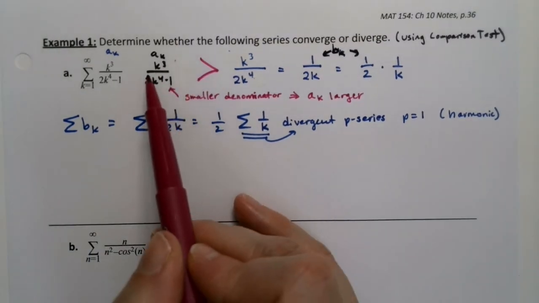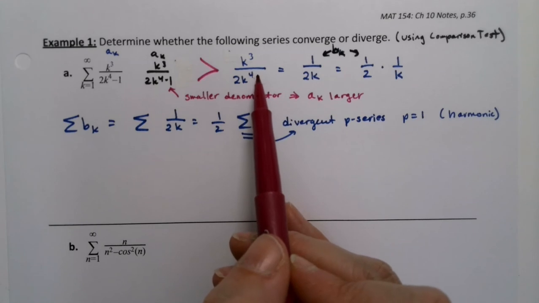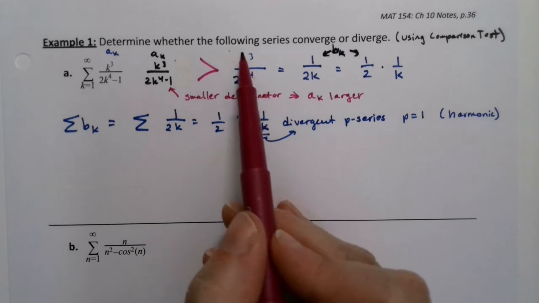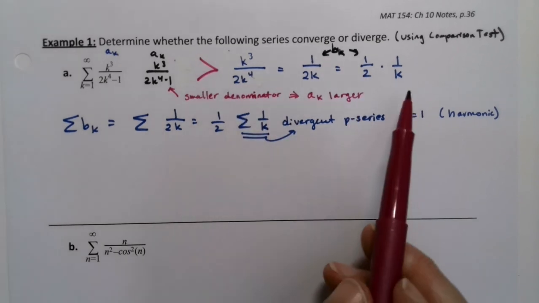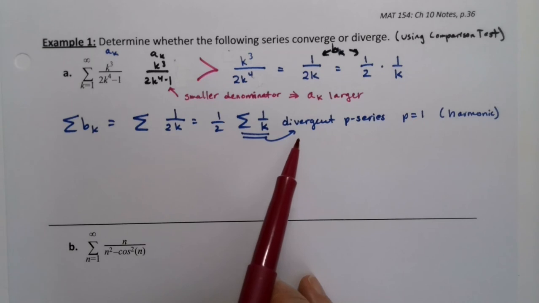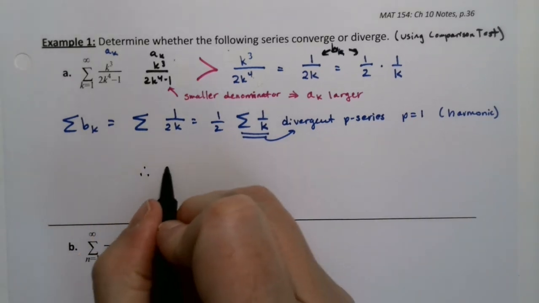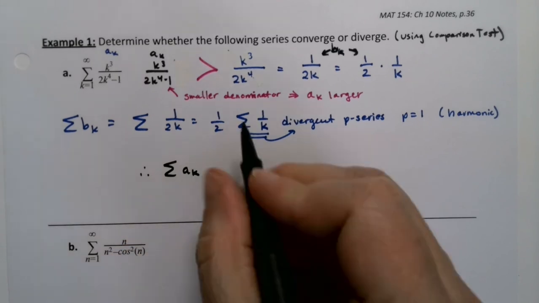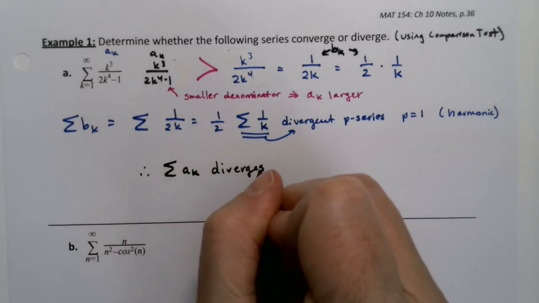So I took away the minus 1, which made a smaller fraction, larger denominator, smaller fraction. And then I canceled. I divided and made things simpler. But I know that series right there. That series is the harmonic series, and it's divergent, right? And therefore, a sub k diverges also.